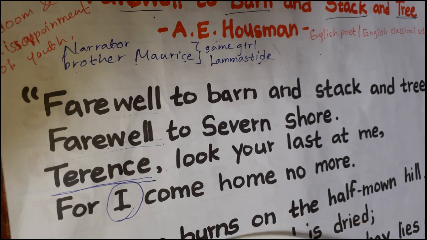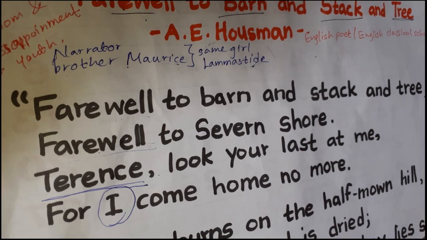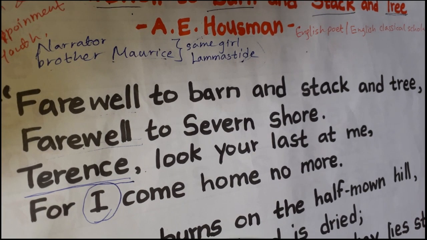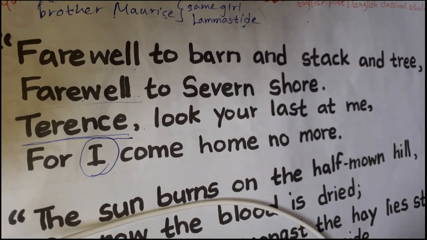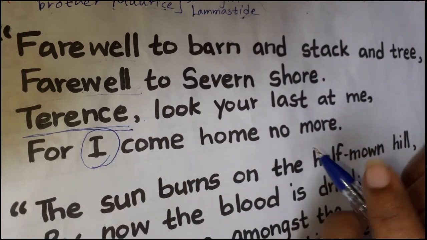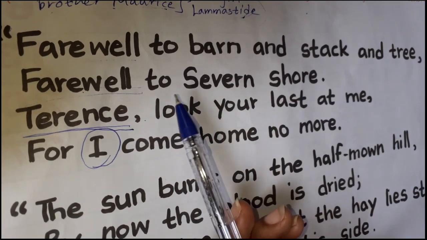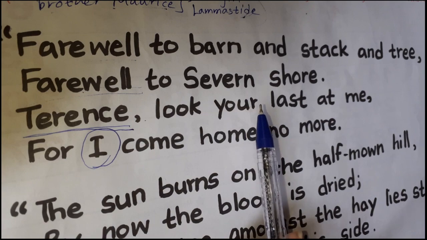So now the narrator is making a confession, repenting over the deed he has already done. This is the small incident here. We'll go through the stanzas and analyze more about it. Well, the first stanza is: farewell to barn and stack and tree, farewell to Severn shore.